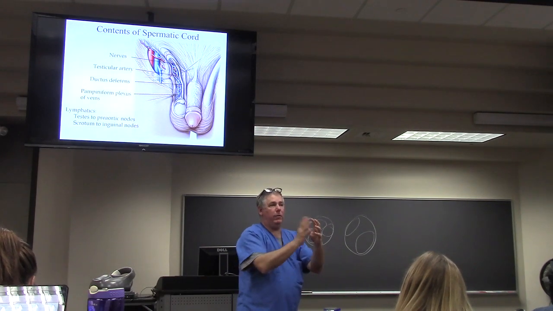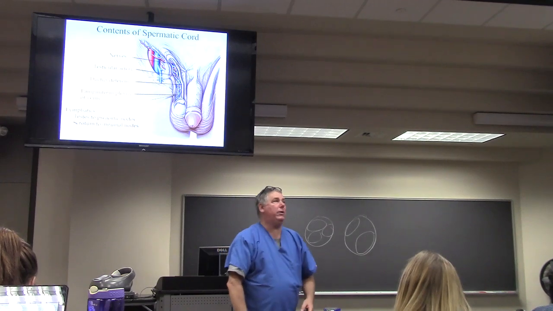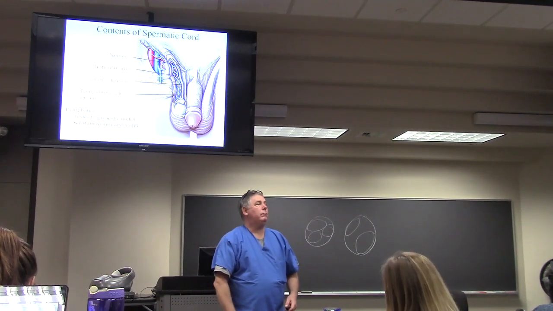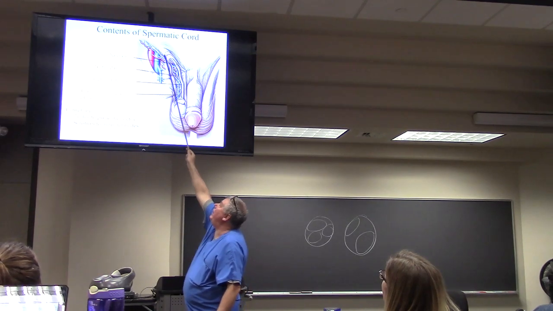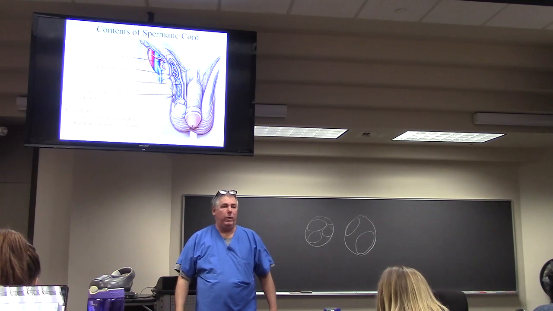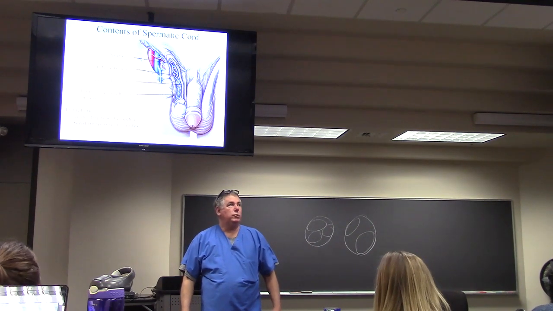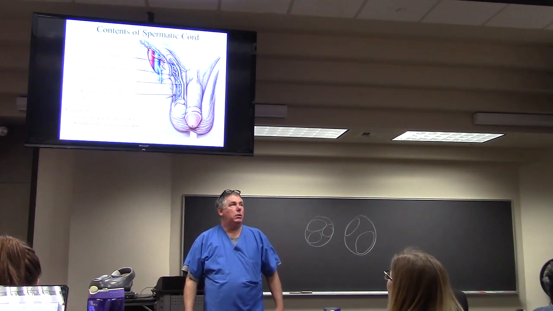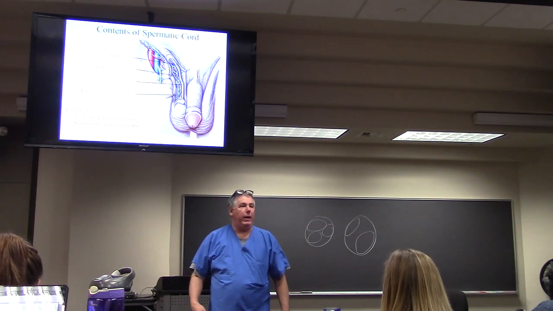The pampiniform plexus is essentially a heat transfer. You see the spermatic cord going up into the inguinal canal through the superficial ring. Go ahead and take a break and then we'll come back.